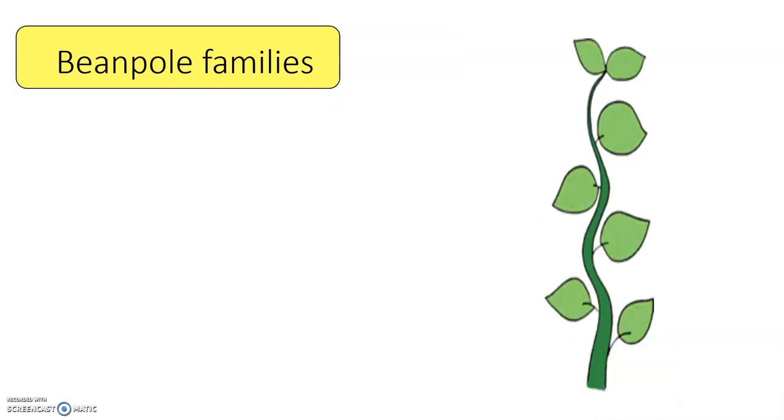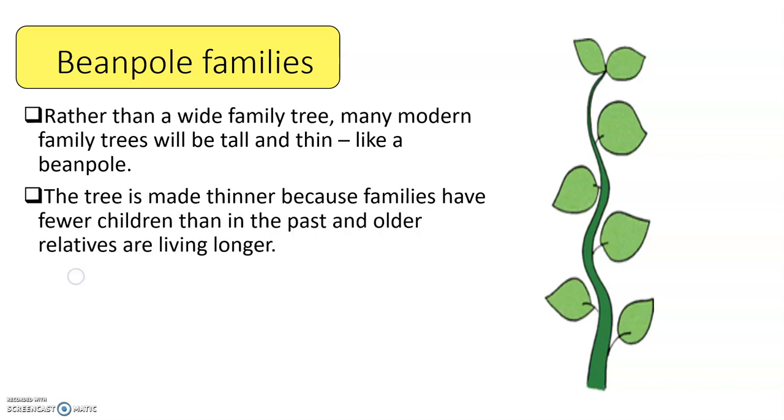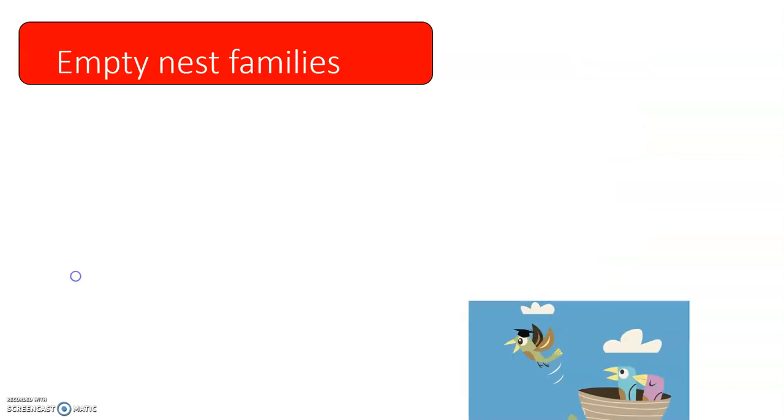Beanpole families. A bit more complicated, this one. Rather than having a wide family tree, with lots and lots of siblings, some family trees end up being very tall and thin, like a beanpole. This is made thinner because people are having fewer children than they perhaps did in the past, and because people are living longer. Empty nest families.